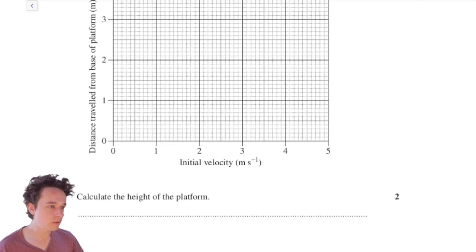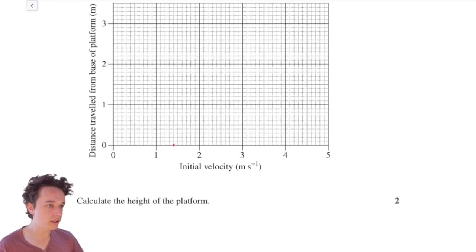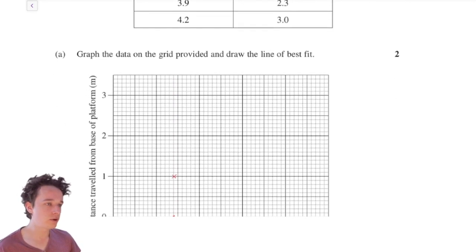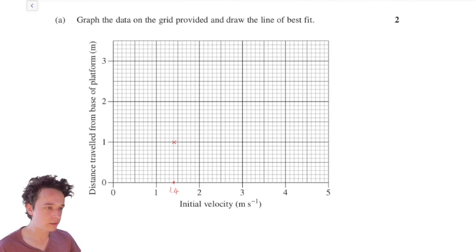So at 1.4, which would be here, the distance traveled is said to be 1, which is this line up here, and we mark that with a little x. Okay, initial velocity of the projectile 2.3, distance traveled 1.7. So 2.3 would be here, and 1.7 would be 5, 6, 7. 1.7 would be here.